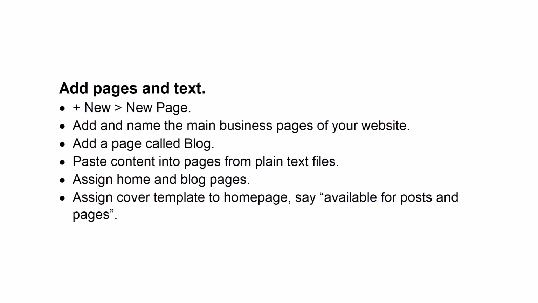We're going to paste content into the pages using plain text files. We're going to assign home and blog pages, and we're going to assign a special template to the home page called a cover template that looks really nice. Now, the cover template is available for posts and for pages. So let's get started. We're going to make the new pages and type in the text.